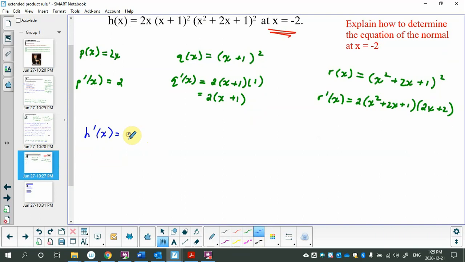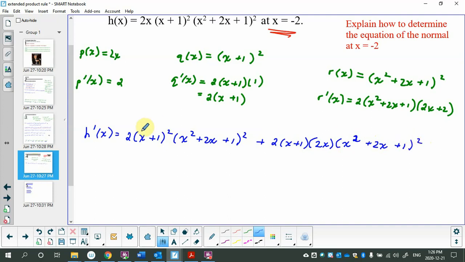Derivative of the first times the original second and original third, plus derivative of the second times the original first and original third, plus derivative of the third, times the original first and original second.